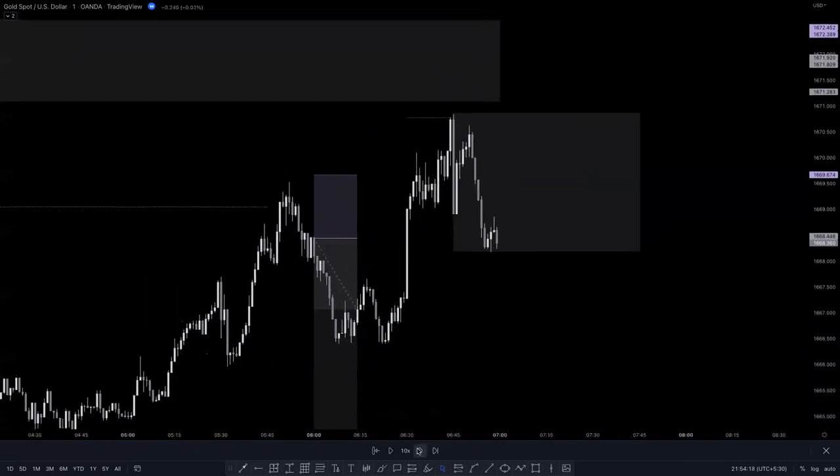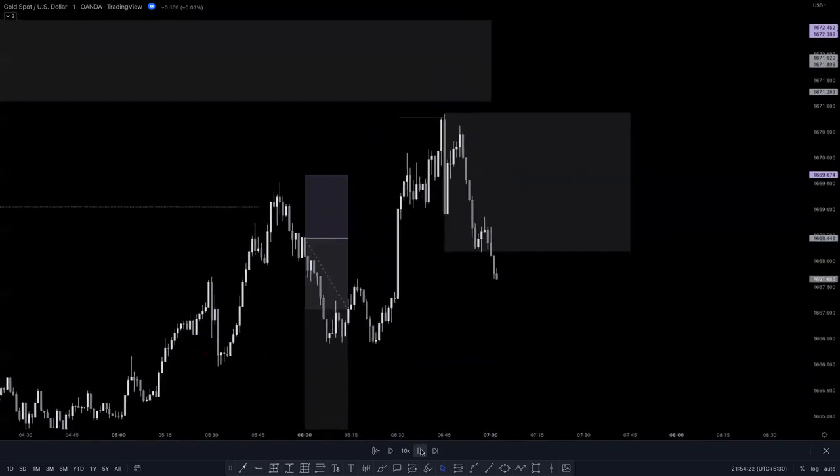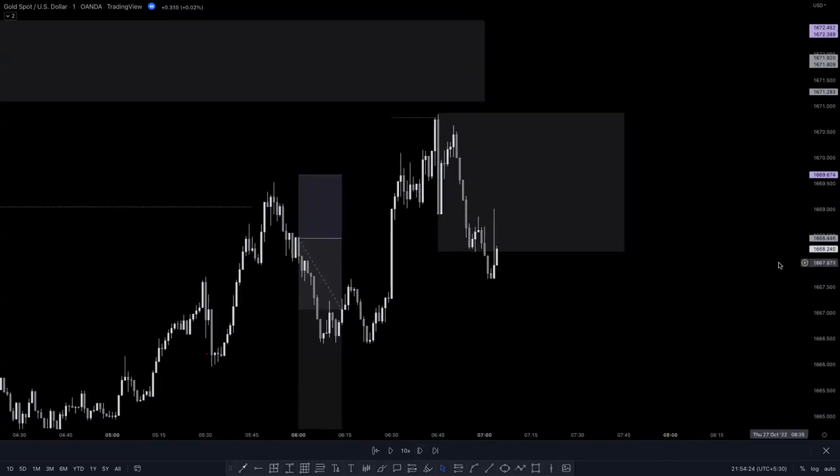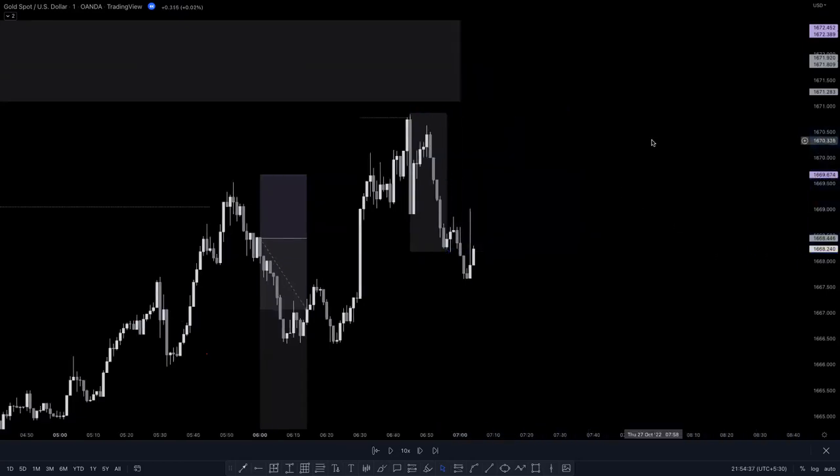So let's see what happens next here. In this case, where can we take entry here for the sell? Everyone mark the zone for the sell. Which order block should we take entry on for the sell, which candlestick in this case?